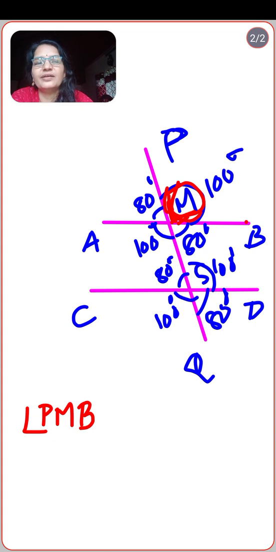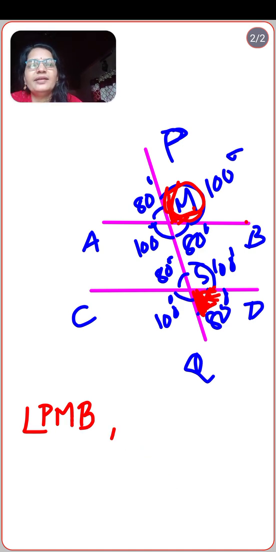So its pair is this one. Children, this one and this one are on the right side of the transversal but in the outer part of the two parallel lines. PMB and angle DSQ.